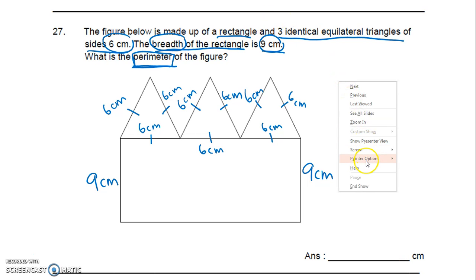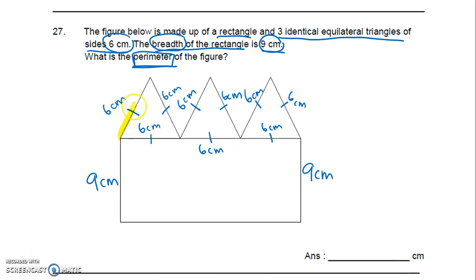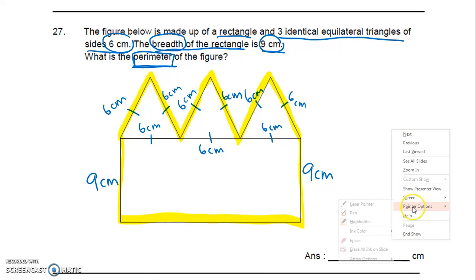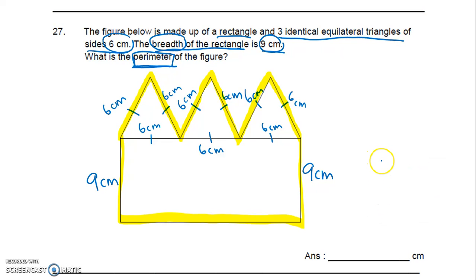First I need to identify what the perimeter is. So the perimeter is actually from here to here, all the way around. Now the yellow part is actually my perimeter.